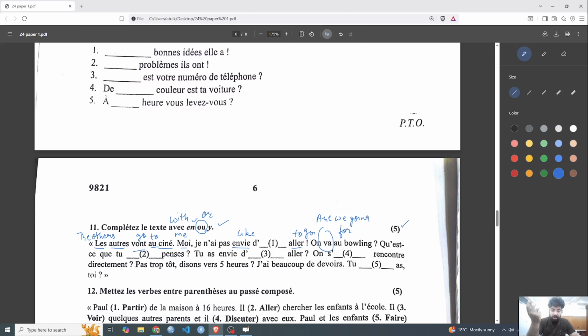So basically, if you remember, this is again something we did in part 3 of this questionnaire series itself, and this stands for the passé composé, which means to go. Okay, and it's an irregular verb, so that's why this question is coming up, are we going?